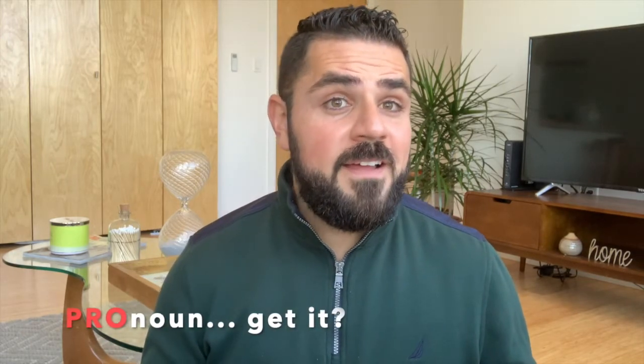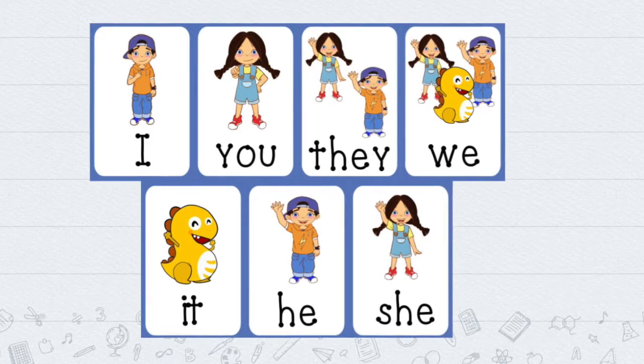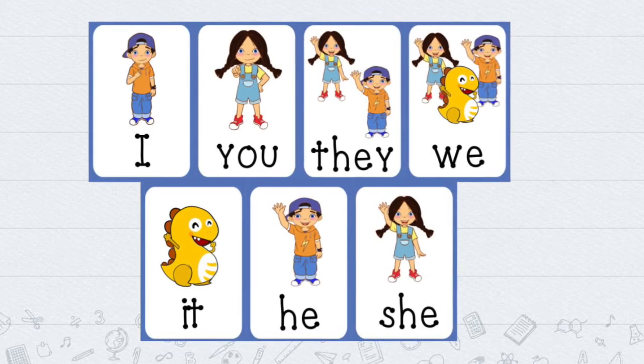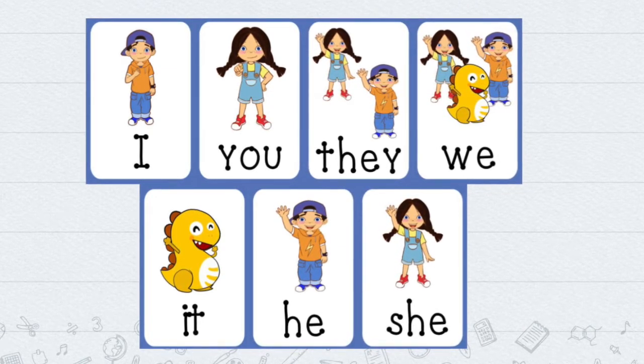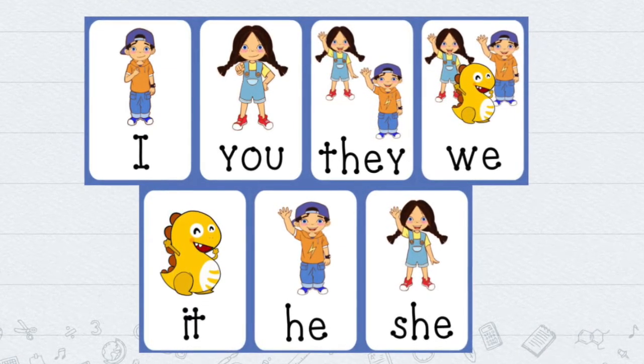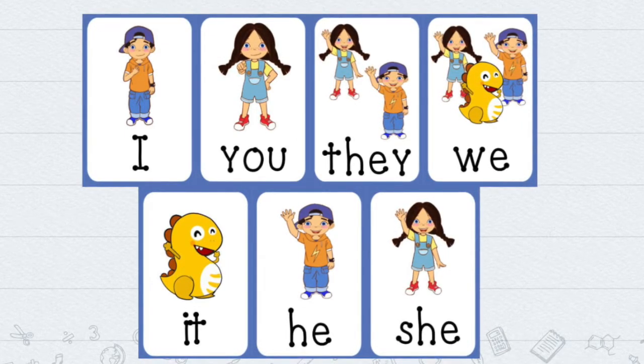Instead of using the same nouns over and over, you can send in the pronoun to take the place of that noun. So here are some of the subject pronouns you are going to see very often. I, you, they, we, it, he, and she. The pronoun it is used for objects, for things that are not really alive. Just wanted to point that out because that's when you're going to see that pronoun being used.